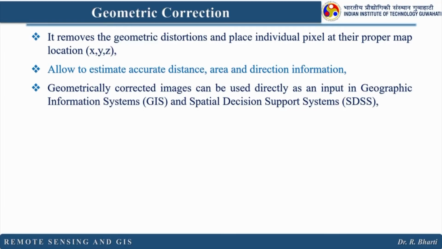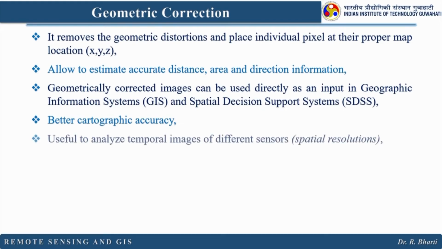So, those are the information derived from satellite image, and that will be part of your decision support system, or in your big problem it is going to be used as an input, right. So, in that case you need to make sure that geometric correction has been applied on the collected image, and better cartographic accuracy. So, it will represent the true area or true representation of the area.